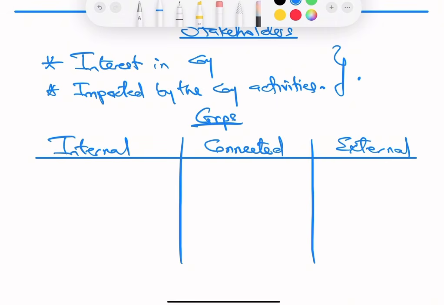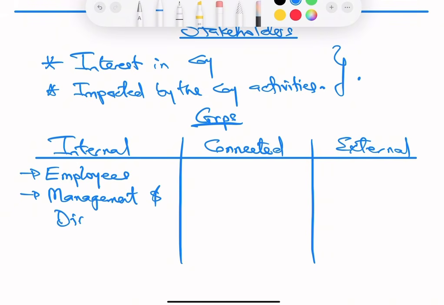They are involved in day-to-day running, decision making, everything about the company. That is internal. And in that case, we'll be talking about the employees, the management, and even the directors.